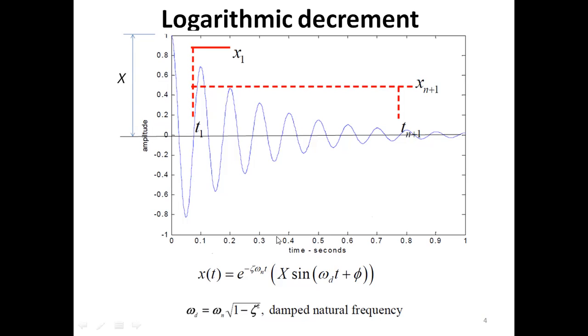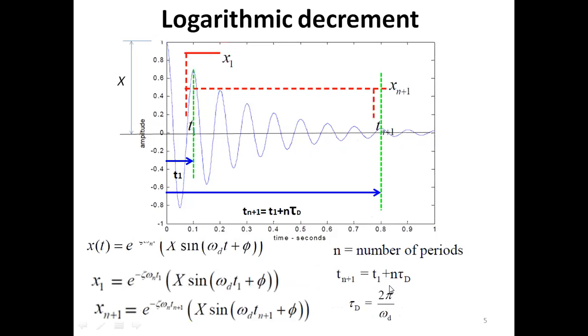So generally, if we have an underdamped vibration and the system is passed through free or natural vibration, then the response of the system could be modeled by this equation. So we already have the model for the response of the system.